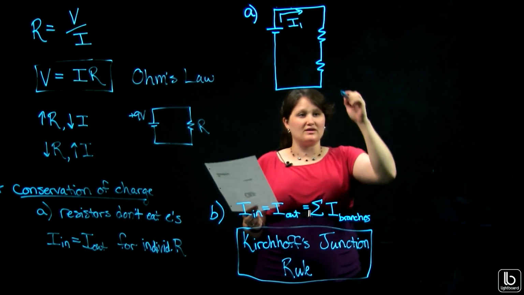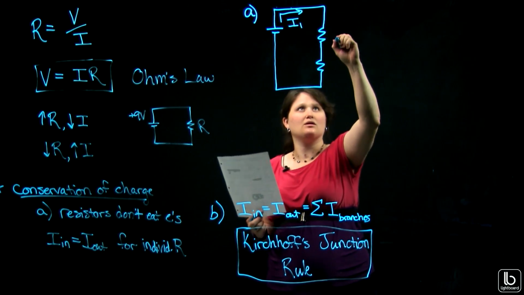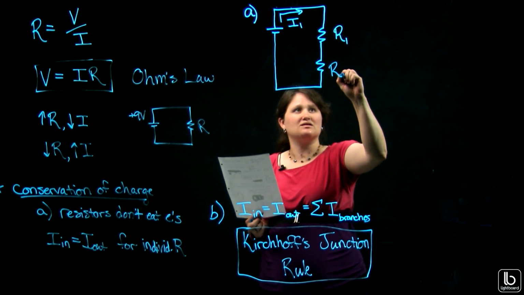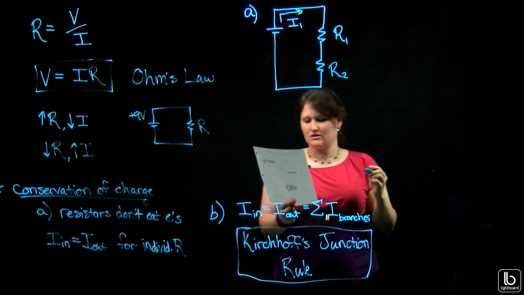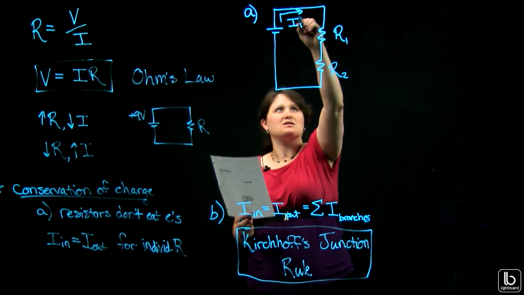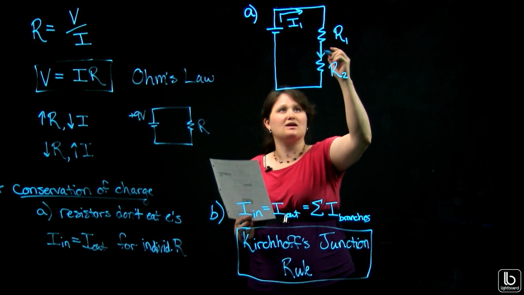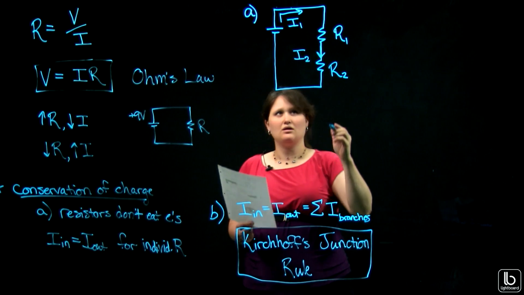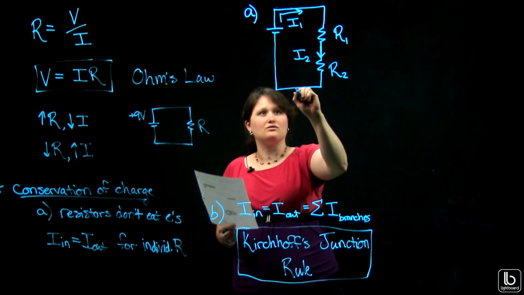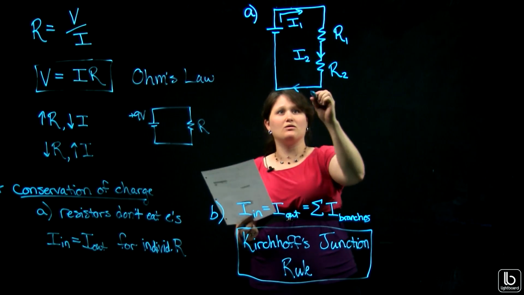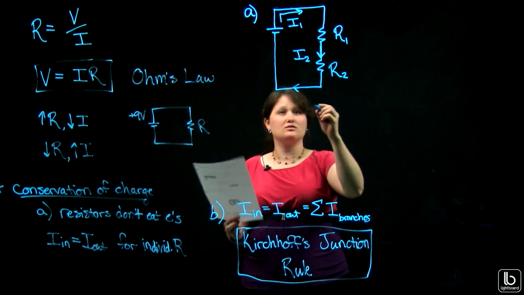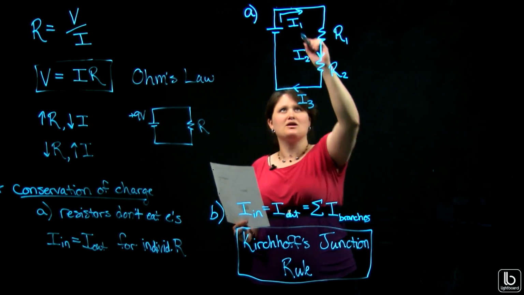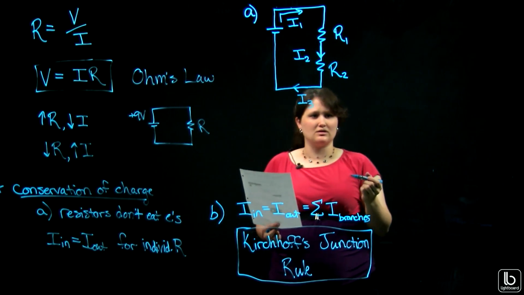So it's the current that's flowing into my first resistor. I'm going to say this is my second resistor. And I'm going to say the current flowing into the second resistor is I2. And just for kicks and giggles, because I want to know about the current flowing out as well, I'm just going to call this I3. So I'm looking at the current in three different places.